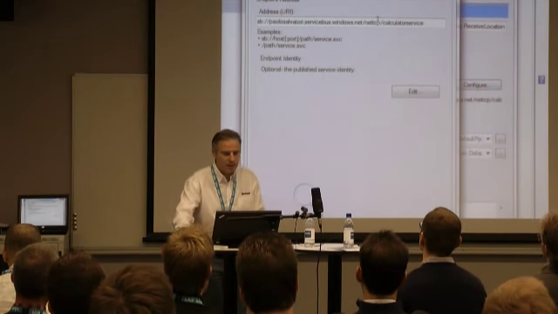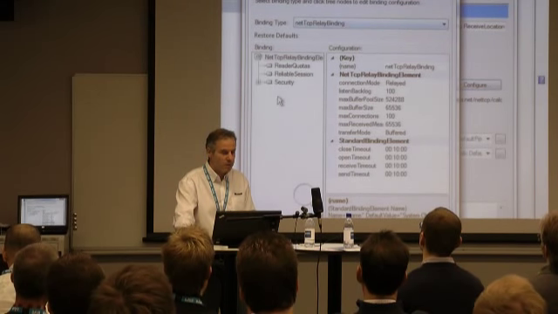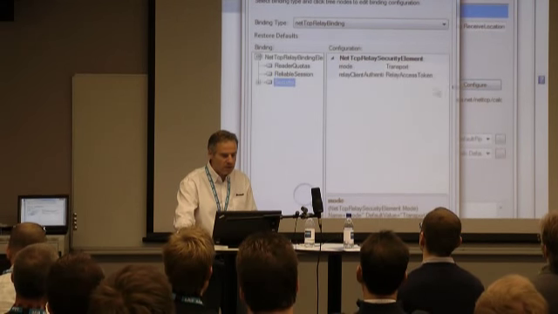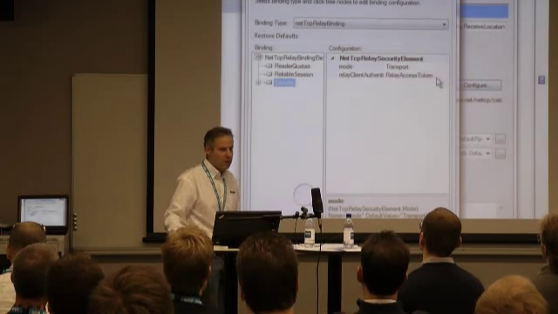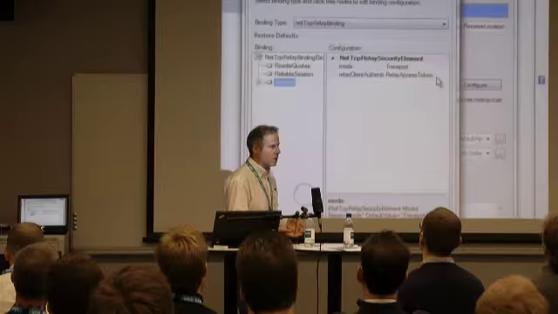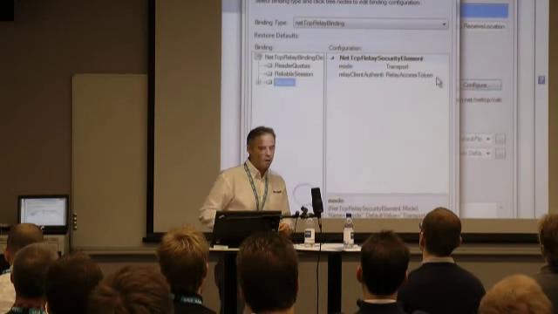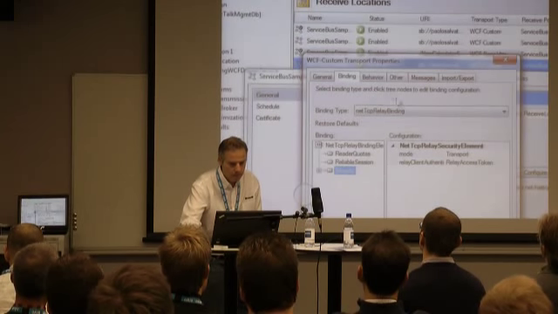You add the rest of the URL. You specify the binding. In this case, I'm using the NetTCP relay binding. In the security section, it's important to know that you can specify whether a client needs to authenticate or not against the service bus. In this case, I require the client to authenticate against the service bus.